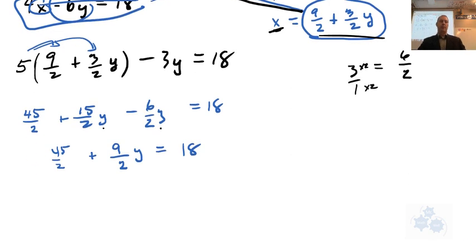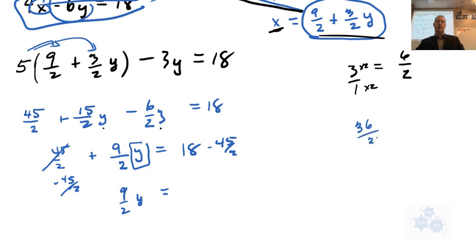Okay. So I need to continue now to solve for y all by itself. So I'm going to subtract 45 over 2. All right. And that gets rid of this over here. We've got 9 over 2 y equals 18 minus 45 over 2. Well, 18 is actually 36 over 2, right?